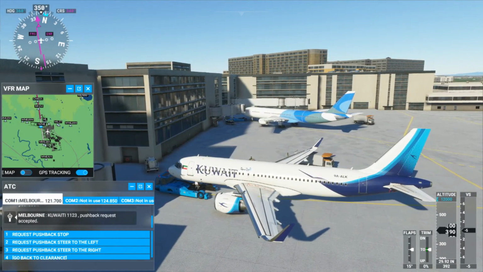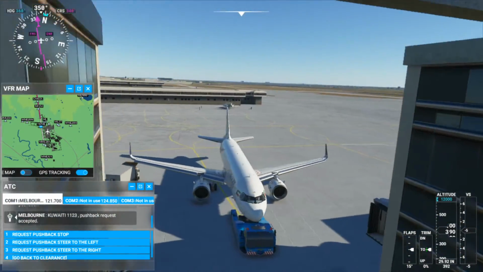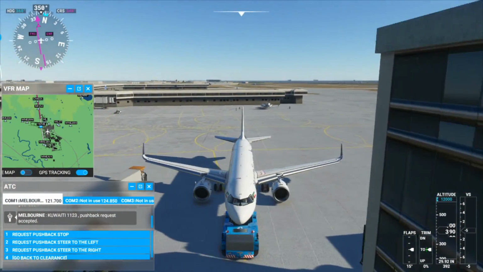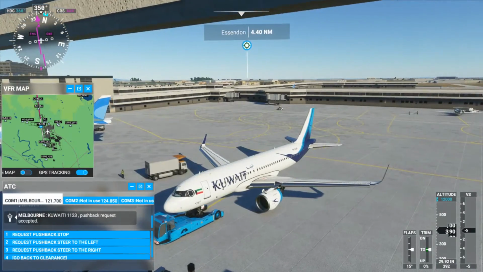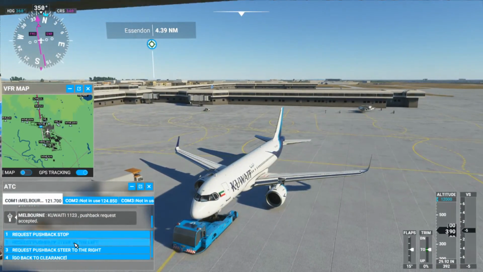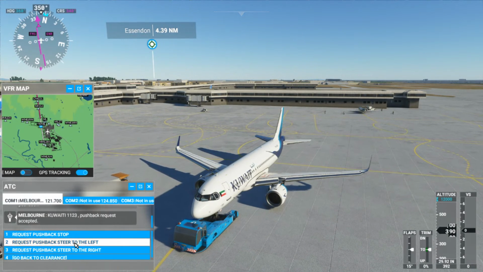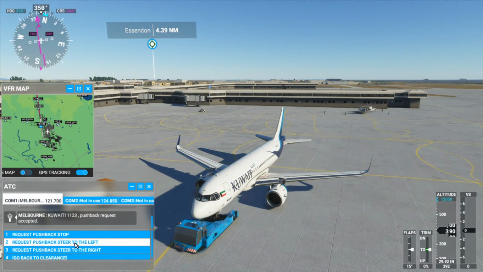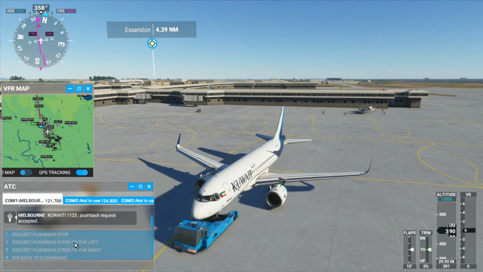And getting pushed back here. And we should push back to the left, so we can be on the taxiway here. I'm going to ask it to push back to the left. Steer left, right?